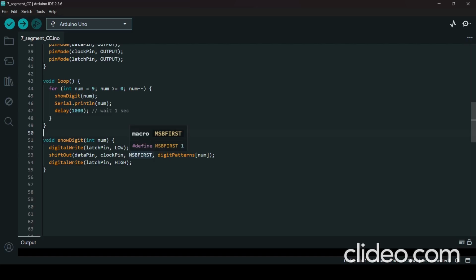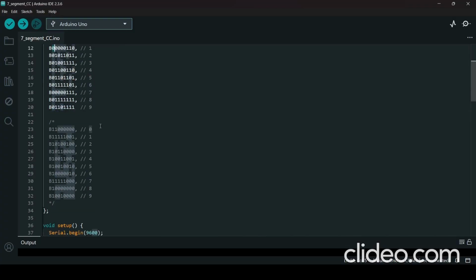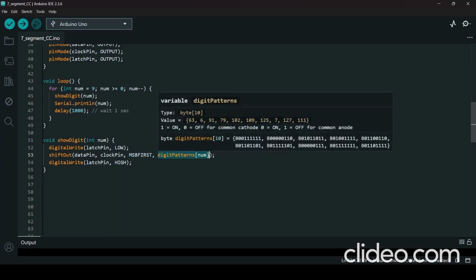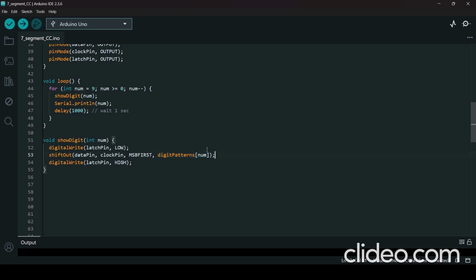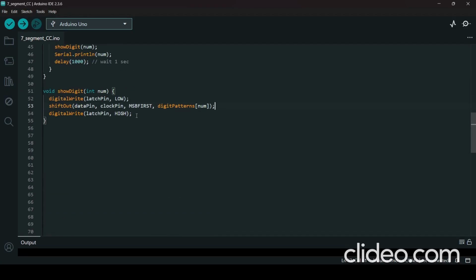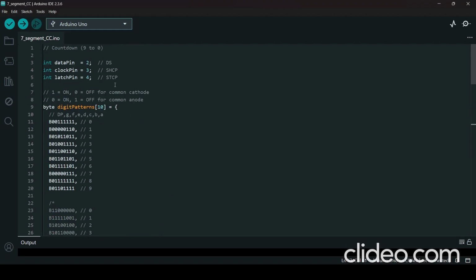And MSBFIRST means the most significant bit will be sent first. So the most significant bit means the leftmost digit, this one. So this will be sent first into the IC by the Arduino. And in this part of the code, we are defining which pattern we want to print. That means 0, 1, 2, or 3, 4, 5, up to 9, right? So this is the complete code for the display of the pattern on the 7-segment display.